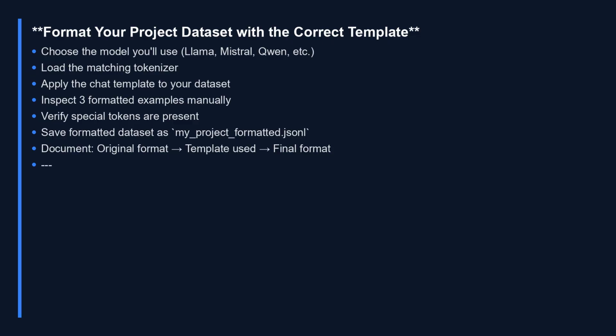Apply the chat template to your full dataset. Then manually inspect at least 3 formatted examples and verify that the expected special tokens are present in each one. Save the result as my_project_formatted.json.